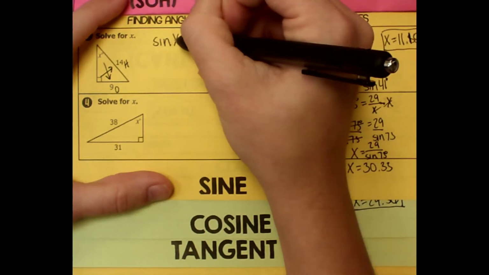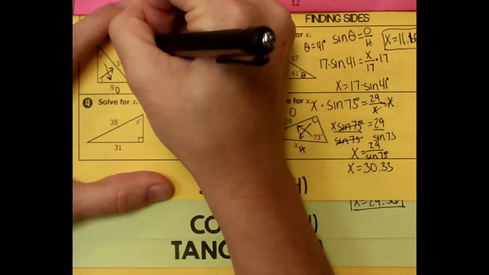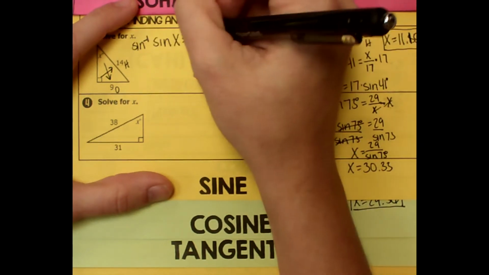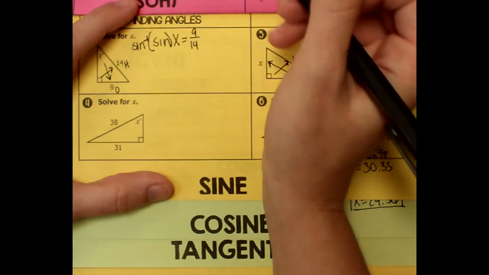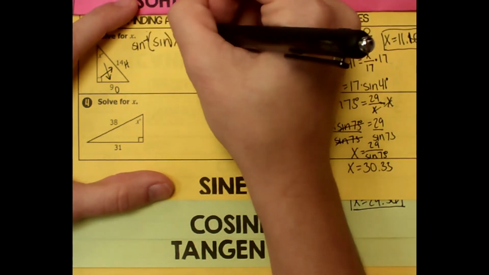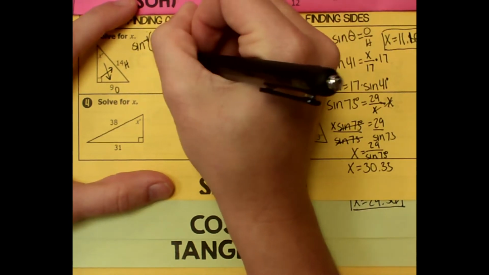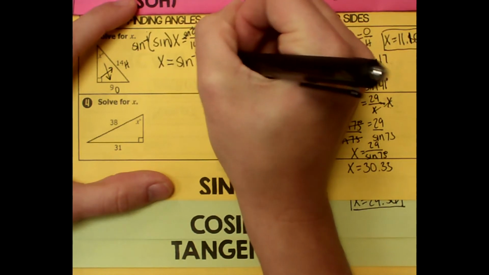We're trying to get x by itself. To get rid of the sine, you have to take the inverse of both sides, okay? The inverse is this guy right here, sine to the -1. So we'll take sine to the -1 of both sides. What you end up with is x is equal to sine -1 of 9 over 14.